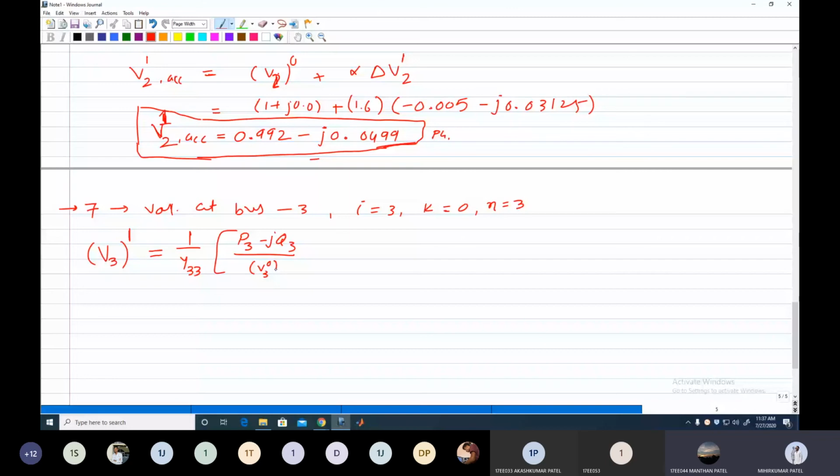Then minus, this is the important part, the summation. Summation j equal to 1 to 2, because i minus 1 is 2. Then Yij into Vj k plus 1.